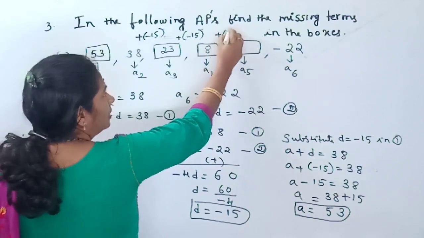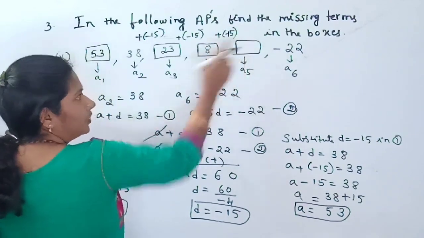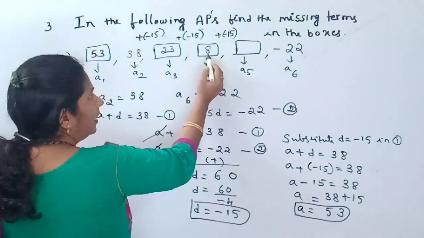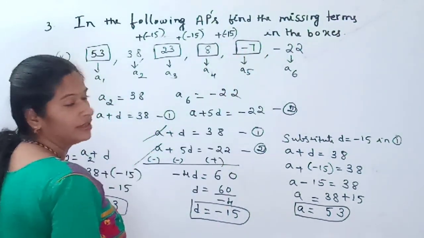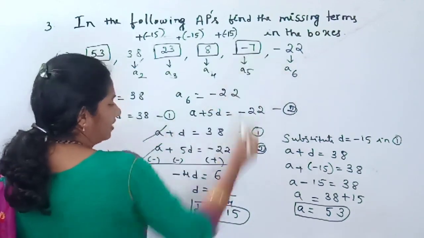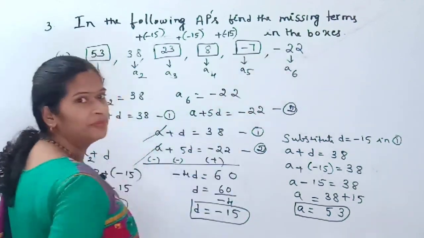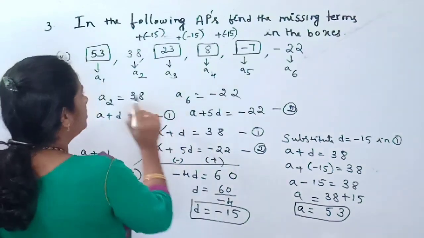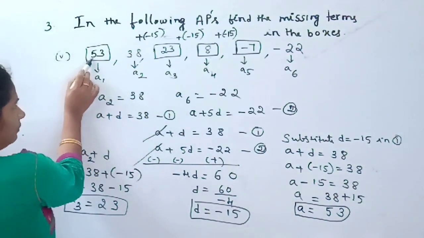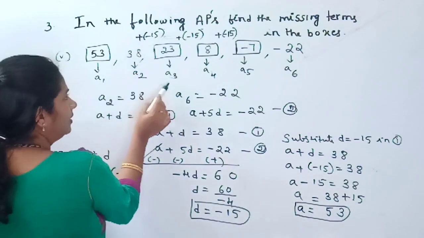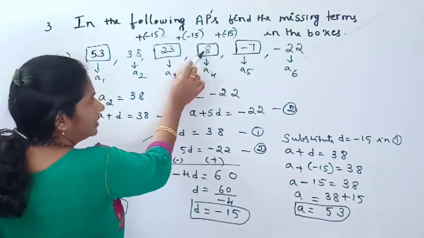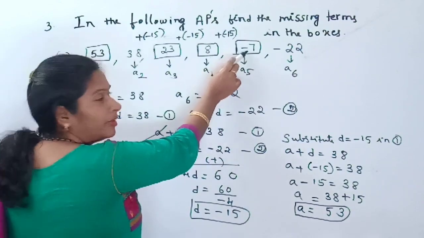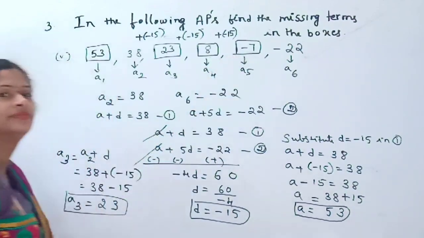Add the common difference to fourth term, you will be getting fifth term. 8 minus 15, it is minus 7. Next you can check, children. So first term is 53, second term is 38, it is already given, third term is 23, fourth term is 8, fifth term is minus 7.